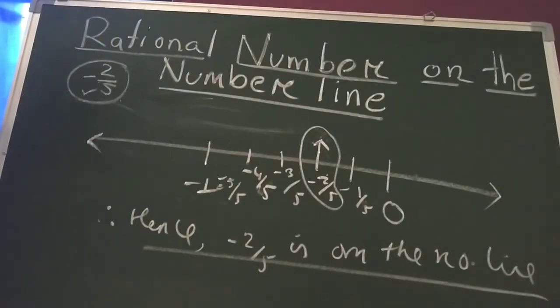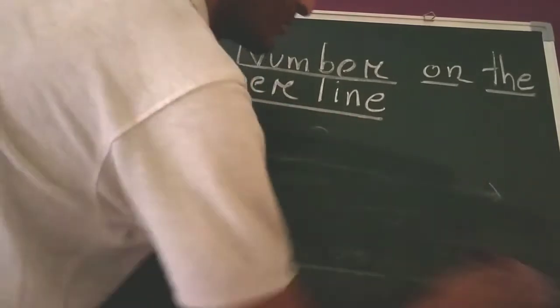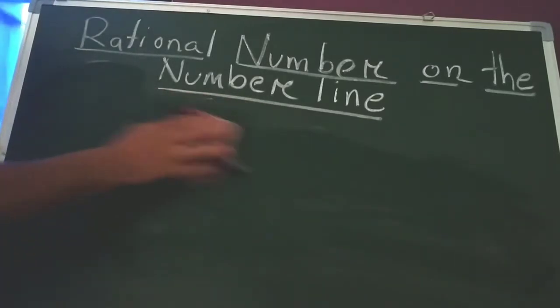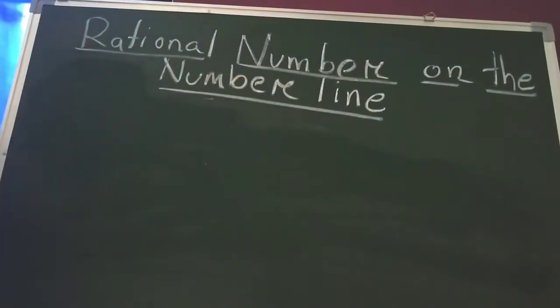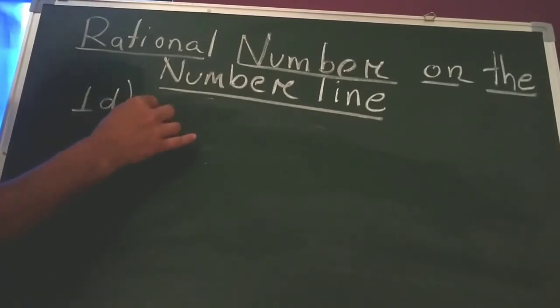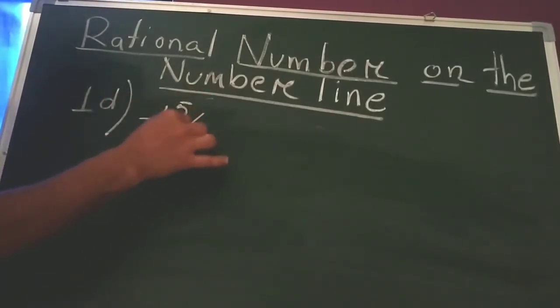Let us take another example. Suppose we have an example of minus 1 5 by 9. Let us go to exercise 1.3, question number 1d, and see the solution. 1d asks us to represent minus 1 5 by 9.